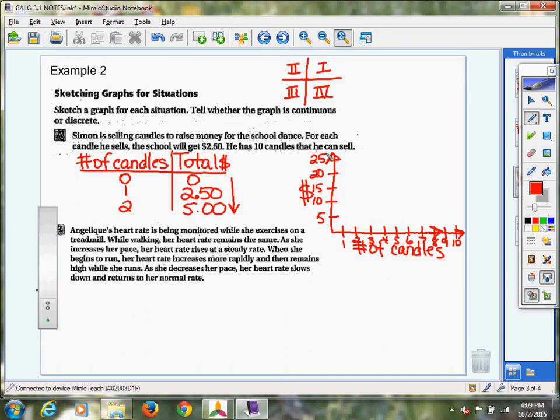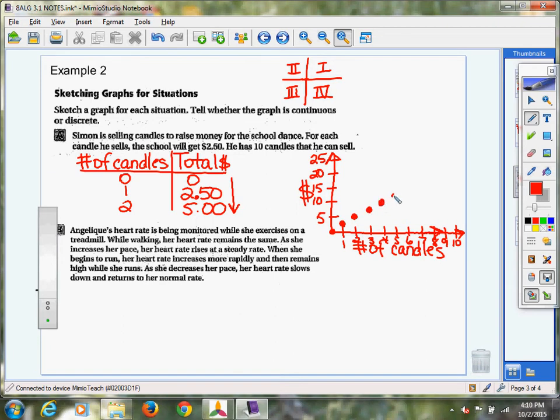Now remember, if he sells 0 candles, he's not going to make any money. If he sells 1 candle, he's going to get exactly $2.50, which is halfway between 0 and 5. So you go halfway. If he sells 2 candles, he's going to get $5. 3 candles, $7.50. 4 candles, we're up to $10.